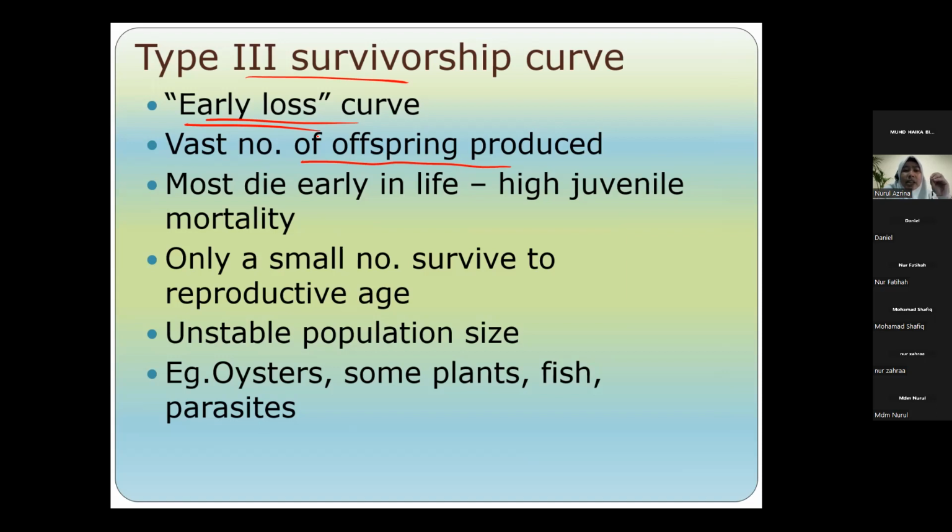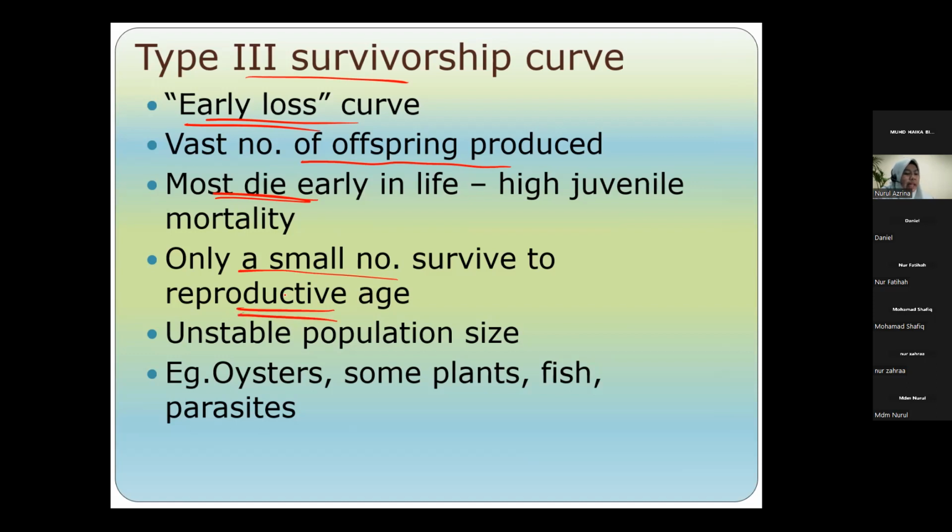That's why organism ni will produce a lot of offspring. Kalau dia bertelur tu, dia bertelur thousands or hundreds of eggs because they know that most of the young will die at the early life. So we call it as high juvenile mortality. And there are only small number of survivor that will survive to a reproductive stage.